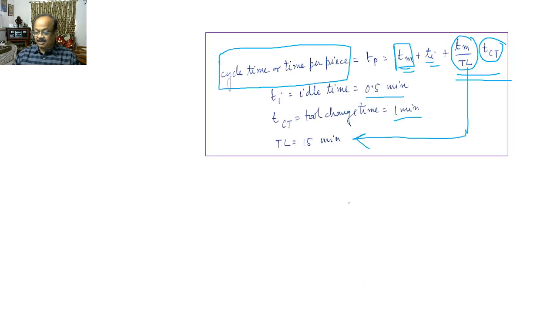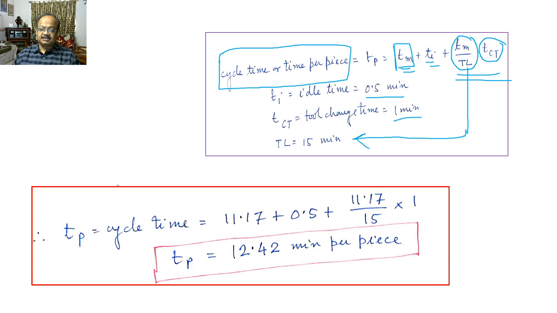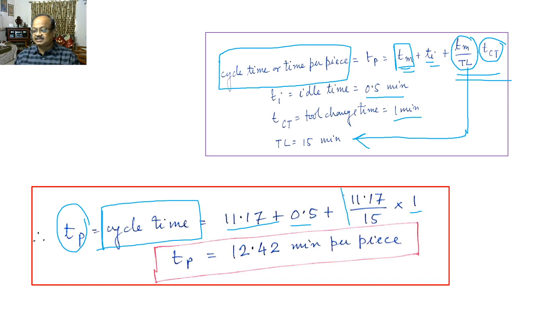So if we plug that in, what we get is the cycle time. So this is very much different from the machining time. This is the machining time, this is the idle time, this is the tool change time. Now this is an interesting thing.